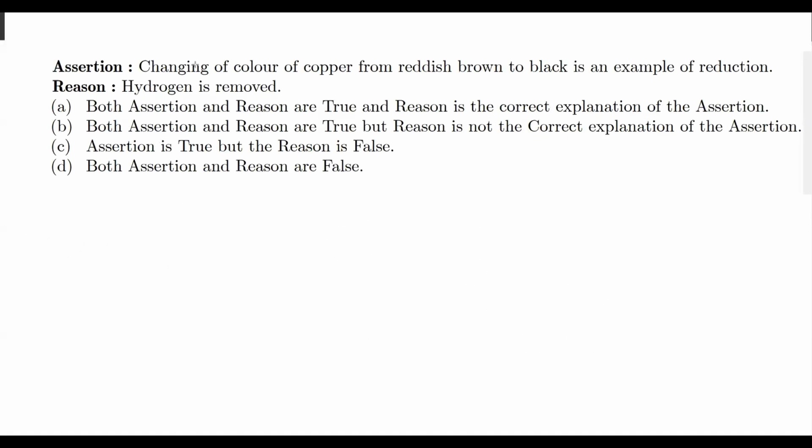Next question from the assertion reason. Let's see. It says, change in color of copper from reddish brown to black is an example of reduction. That means we need to write out a reaction. We know that copper, which is reddish brown, when it is heated strongly in the presence of oxygen, turns into copper oxide.